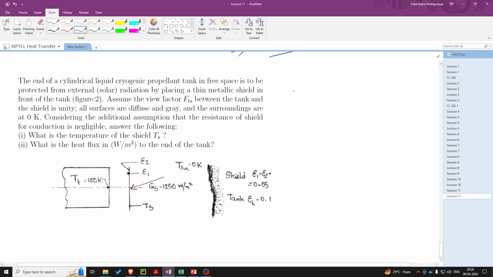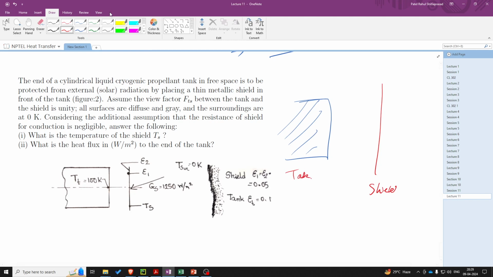Let's consider that this is my tank and this is my surface of the shield, that is shield, tank, and then we have the solar radiation over here.